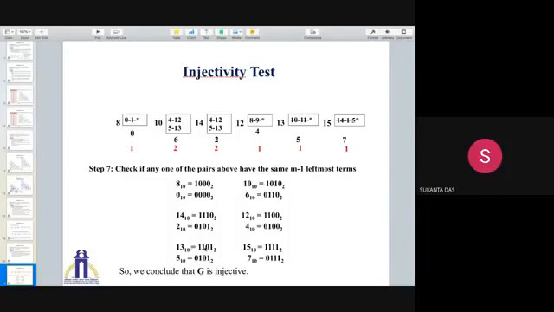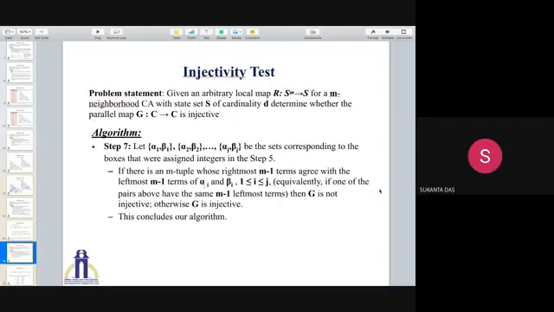For this set 1 1 0 0 1 0, they differ. In all the cases they differ. So in this example you can see the left m minus 1 terms differ. So the condition is satisfied. What I've said is, if one of the pairs above has the same m minus 1 terms, then you declare it is not injective.